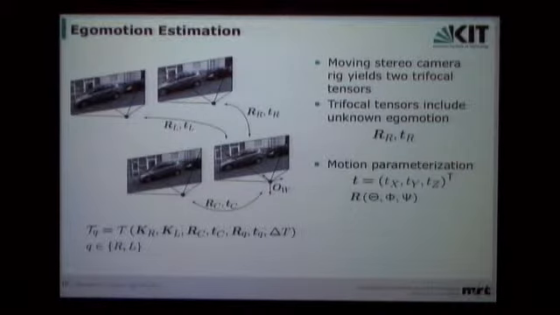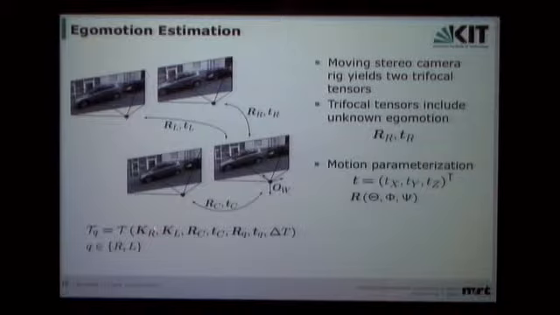This is very similar to the previous slide. We have this stereo camera setup just like at the beginning, and we have the current stereo camera and the previous stereo camera. The relation between these 2 cameras is the rotation matrix RR and translation vector TR, and the relation between the 2 stereo cameras is encoded by this rotation matrix RC and translation vector TC. And you can see that the information about these three cameras can be used to construct the trifocal tensor.